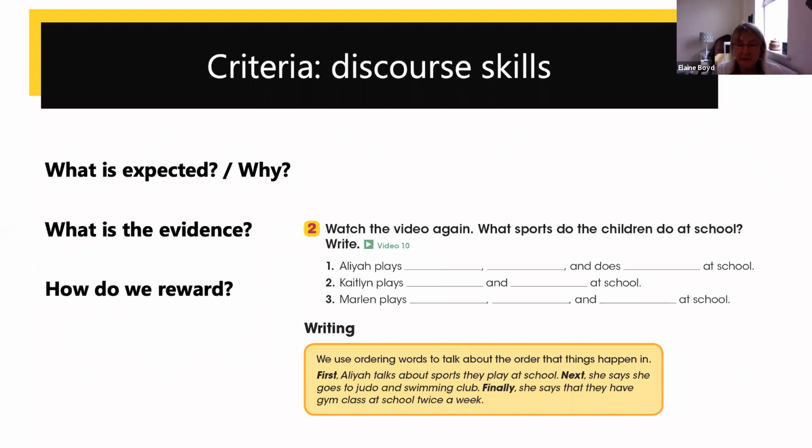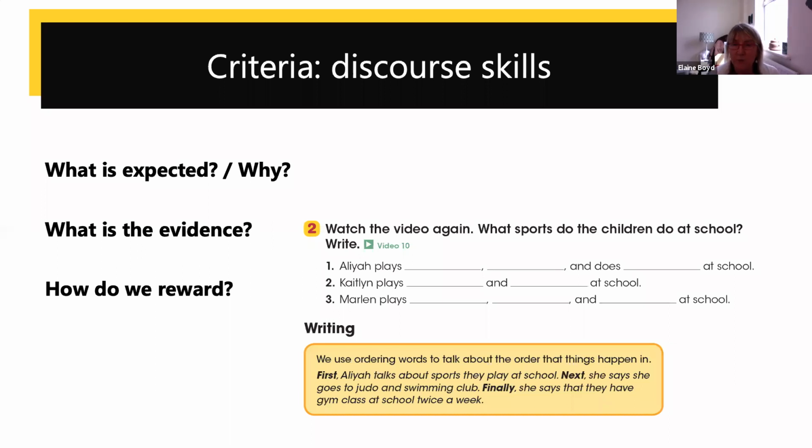So again, there's a little activity here where they have to fill in from the video, but then they have to do some writing using these linking words, because we're talking about the order that things happen in. So again, you might go through with your class and say, right, what are we expecting here?